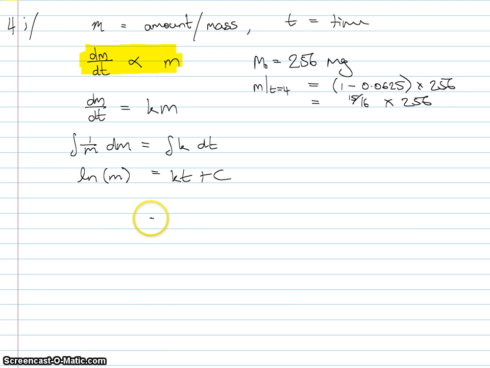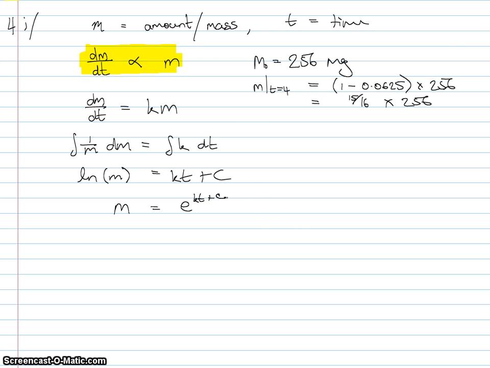It can't be negative. So I can raise e to the power of both sides. I get m is equal to e to the kt plus c.